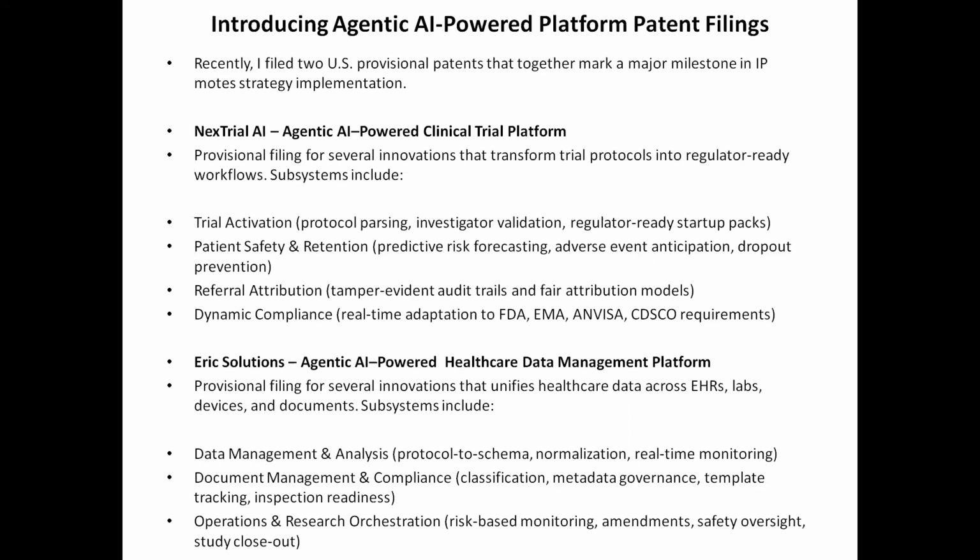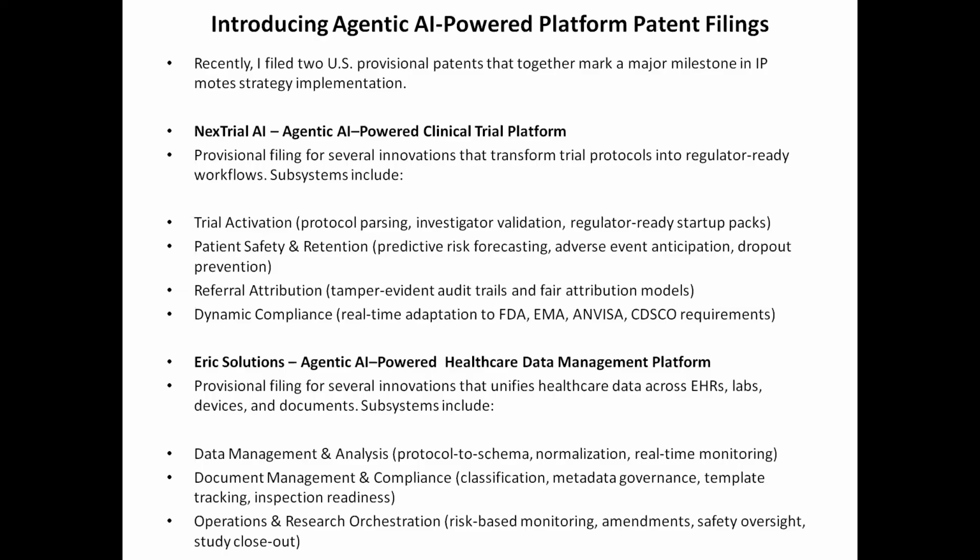Okay, so this is one I'm currently working on. I filed two U.S. provisional patents that together mark a major milestone. This is my starting point to develop a new IP moat strategy implementation, in contrast to the traditional one.